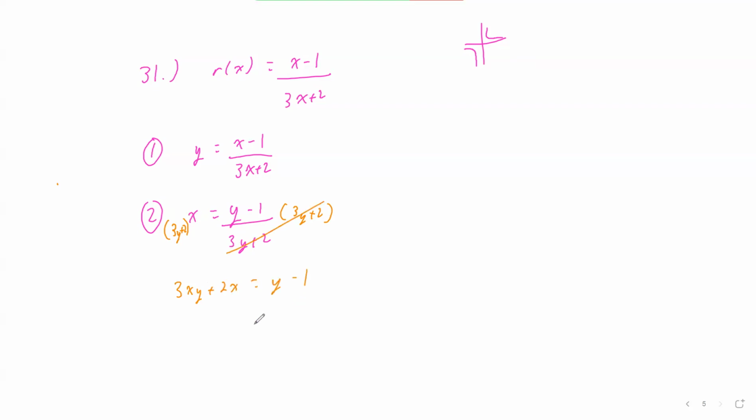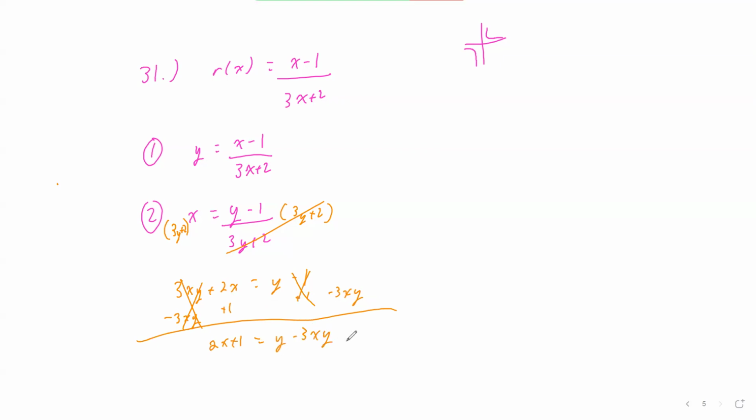My next goal is to get my x's and y's on one side. So I'm going to add 1 here, and then I'm actually going to subtract 3xy here. That will go away. This just becomes 2x plus 1. That will go away, and this becomes y minus 3xy.